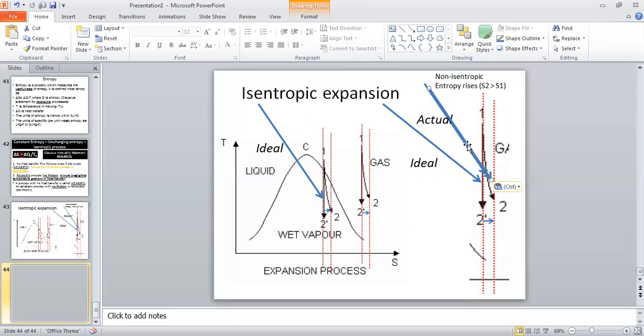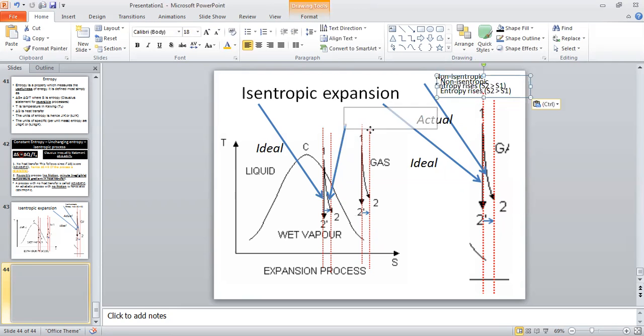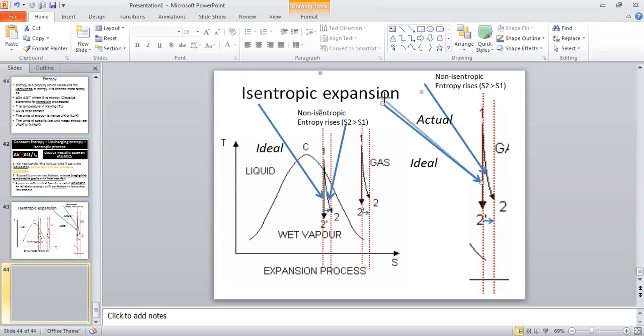Non-isentropic, you can see here, this is non-isentropic. Okay, that is actual.